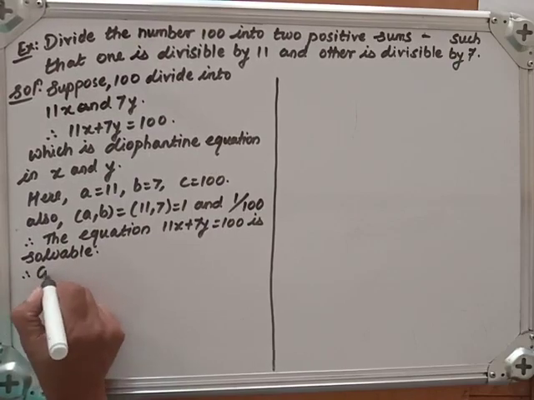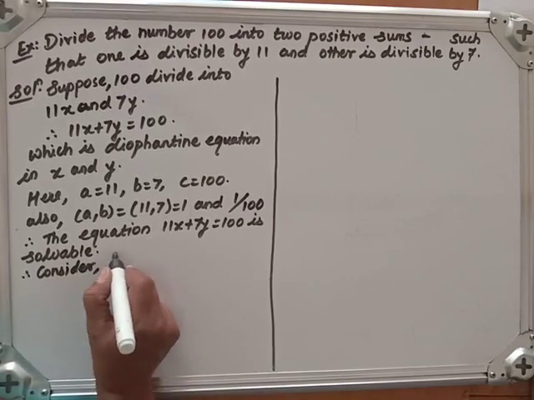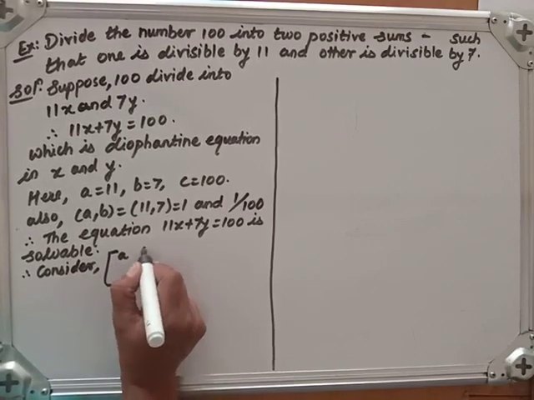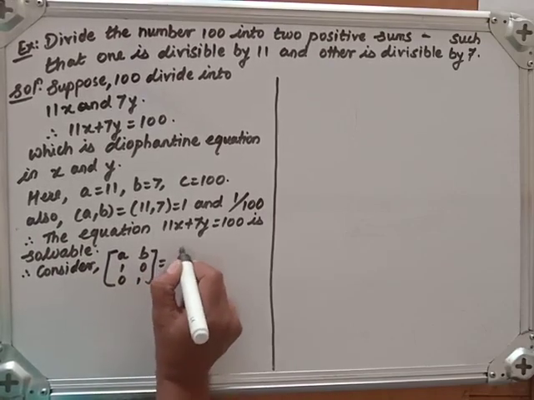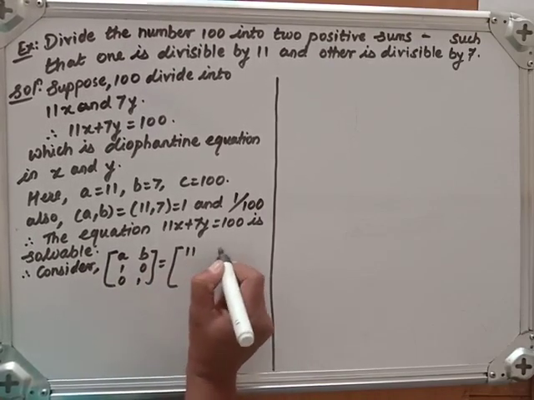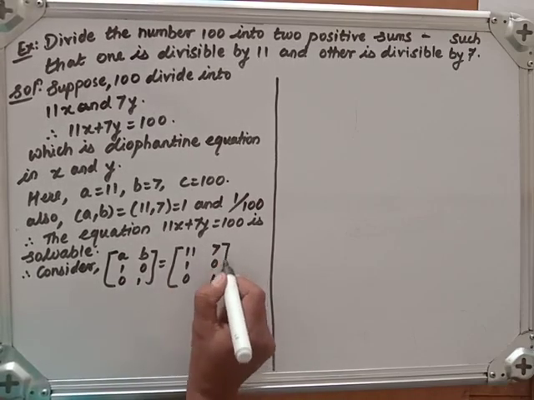Therefore consider this matrix A, B, 1, 0, 0, 1, that is 11, 7, 1, 0, 0, 1.